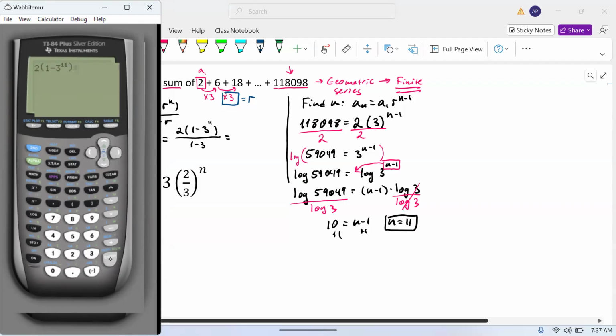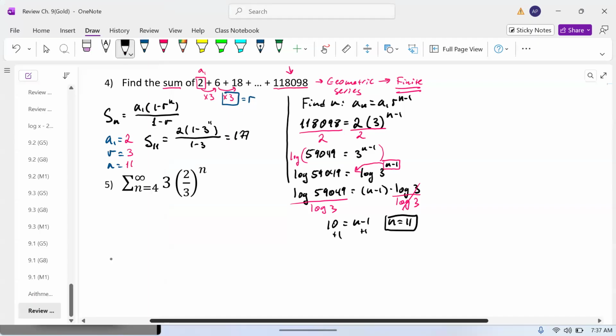Okay, and we get this result, and then we're going to divide this by 1 minus 3, which is negative 2. And therefore we get 177,146. And that will be our final answer.